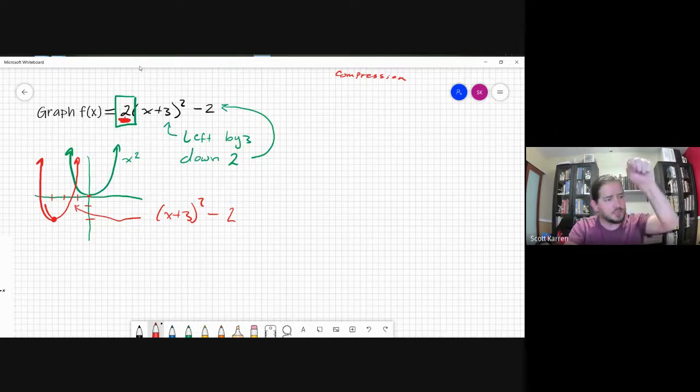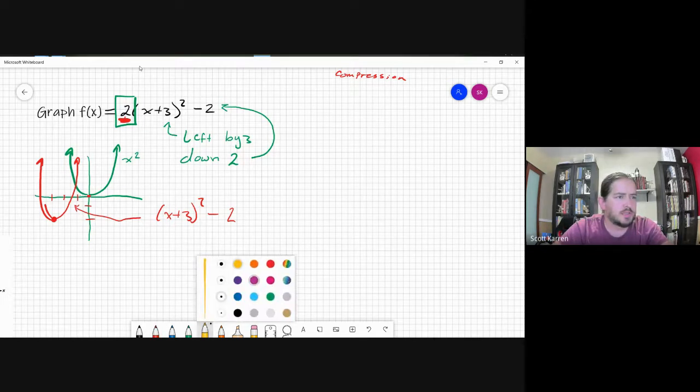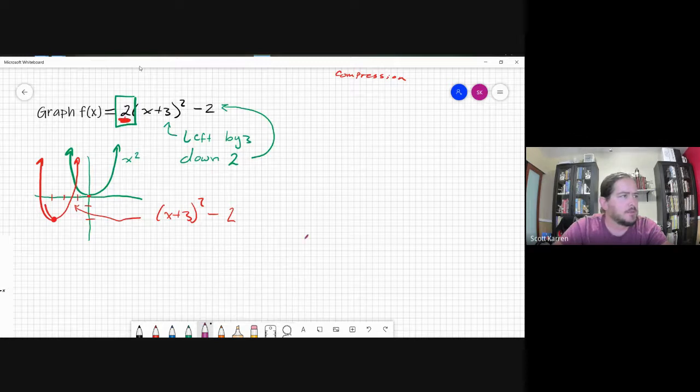So everything gets stretched up by 2, just like Laffy Taffy being pulled, it just gets stretched, right? So this purple one is my 2 times x plus 3 squared minus 2. That's my final answer.